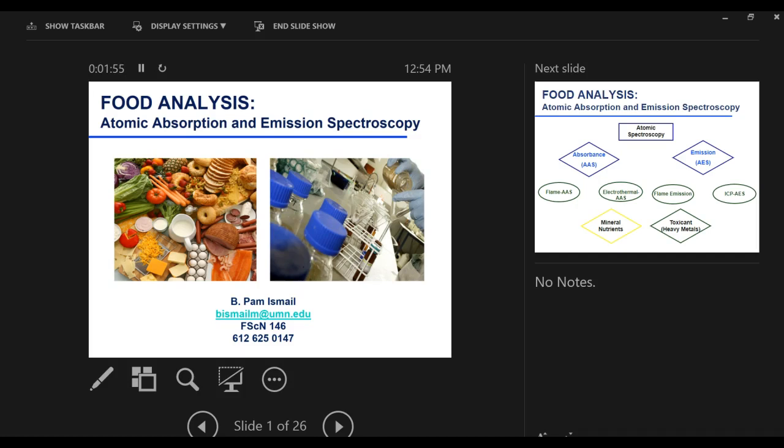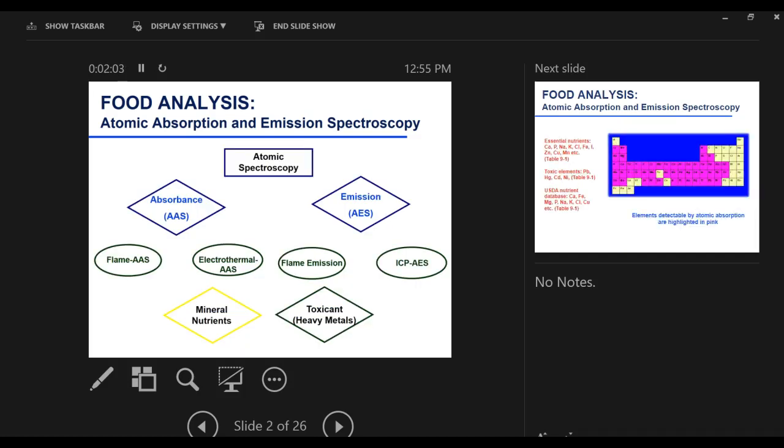All right. Atomic absorption and emission spectroscopy. So, in atomic spectroscopy, we have two categories. We have the atomic absorption spectroscopy, and we have the atomic emission spectroscopy. So, one based on absorption, obviously, and one based on emission of light.